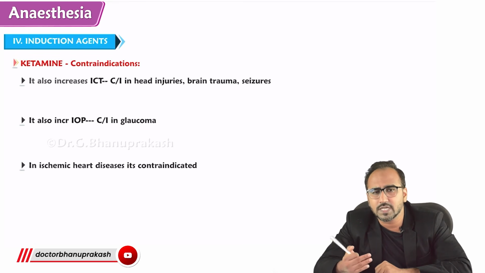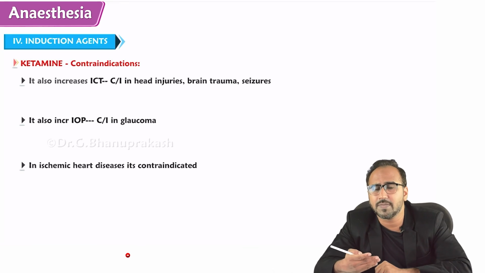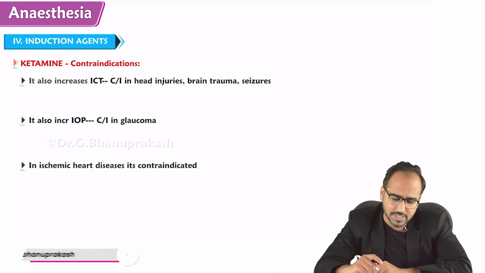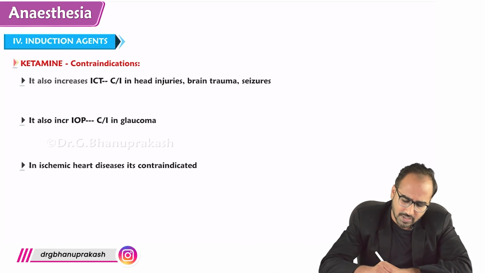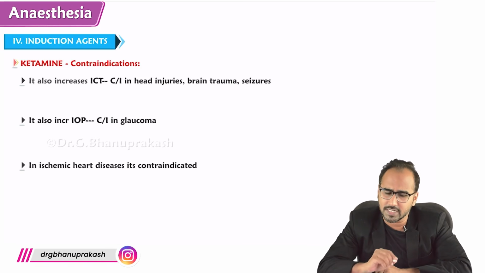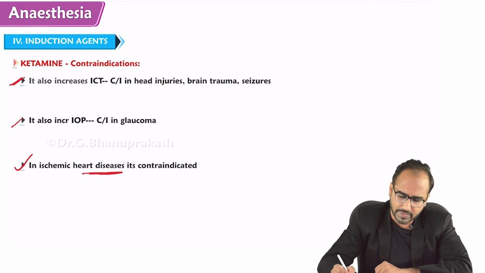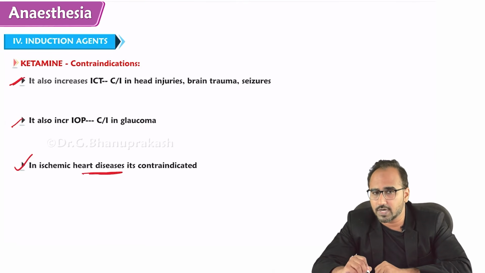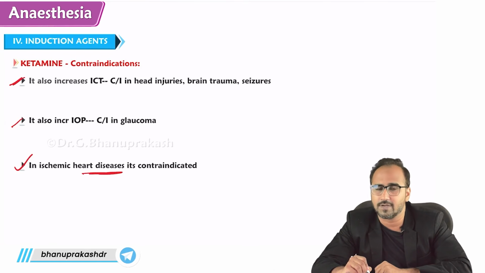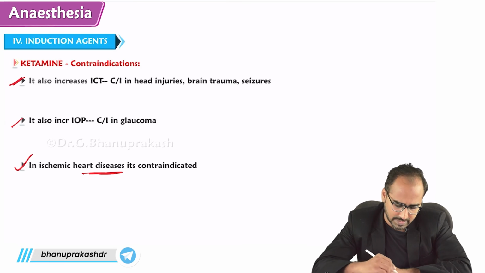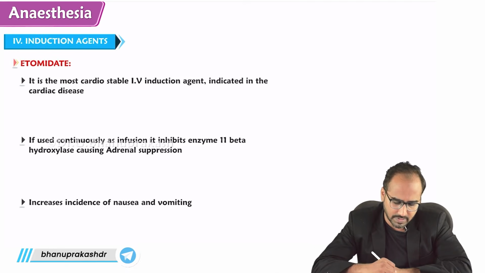Contraindicated in epilepsy, and also in schizophrenia. The last contraindication is ischemic heart disease. These are the contraindications of ketamine that we need to remember. This is regarding ketamine, guys.